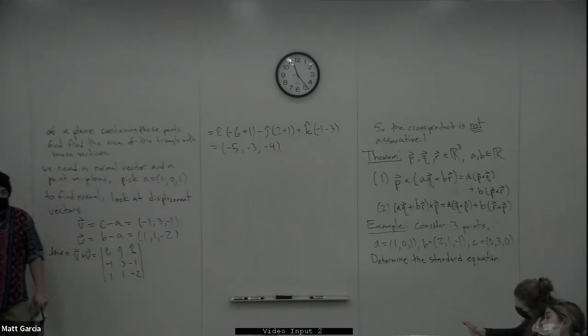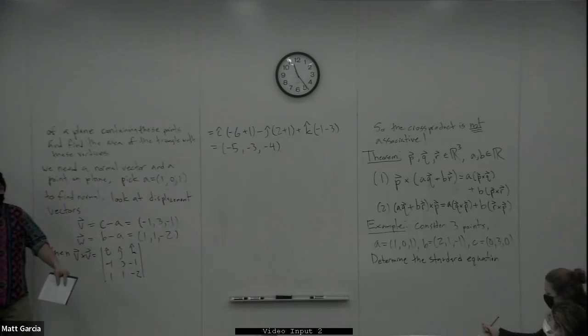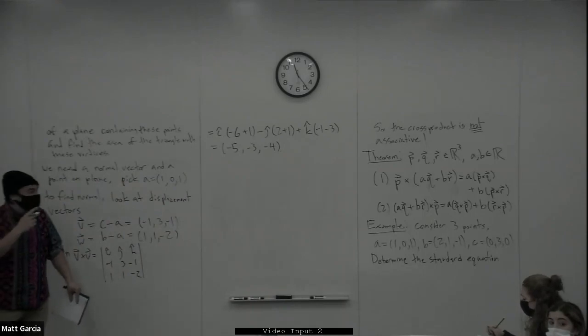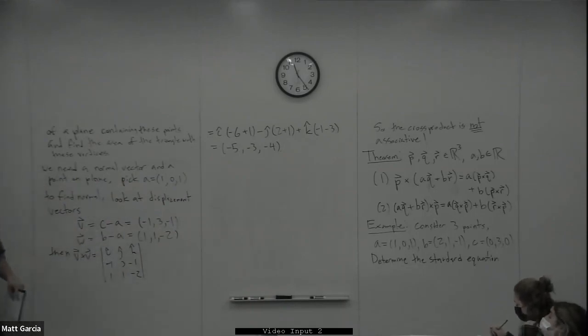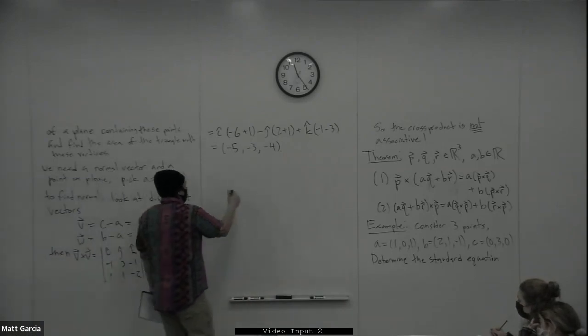What's the standard equation? Has coefficients given by what? Say again. So what do the coefficients come from? Yeah, the normal vector, right?